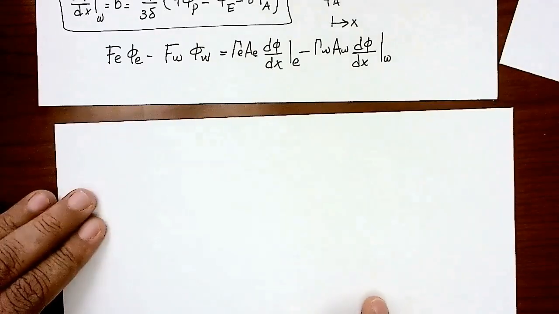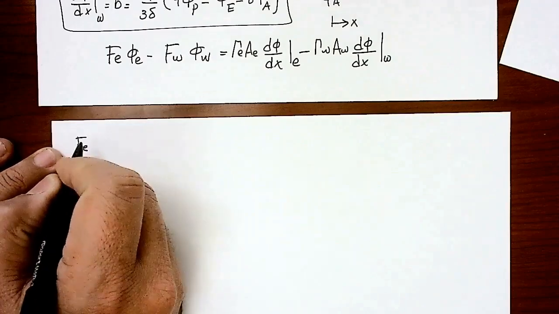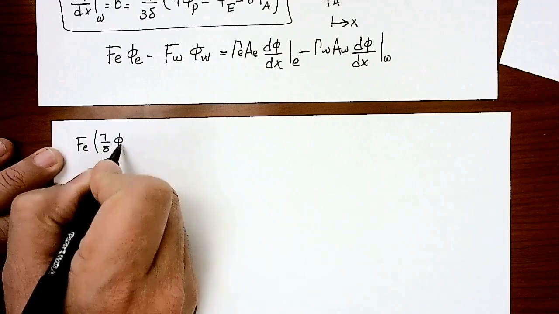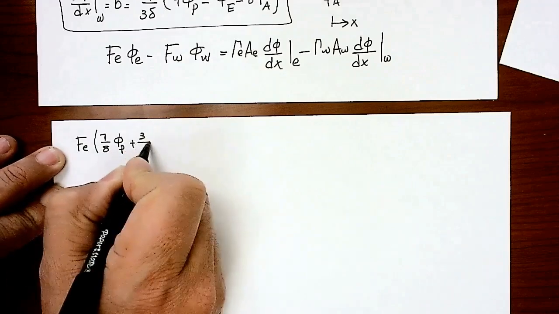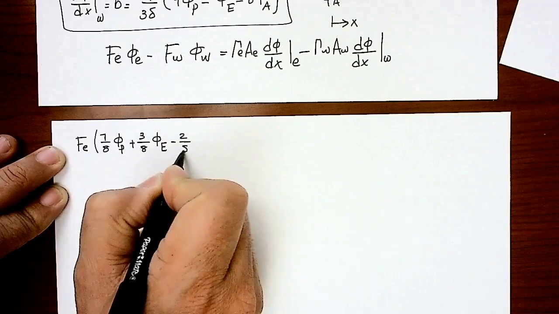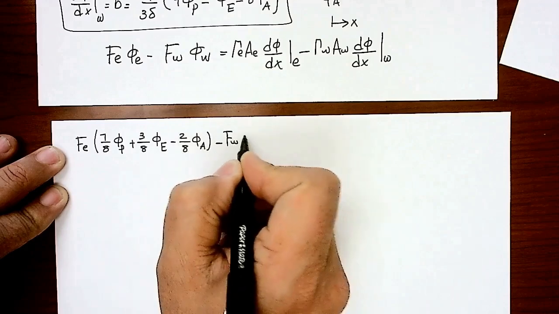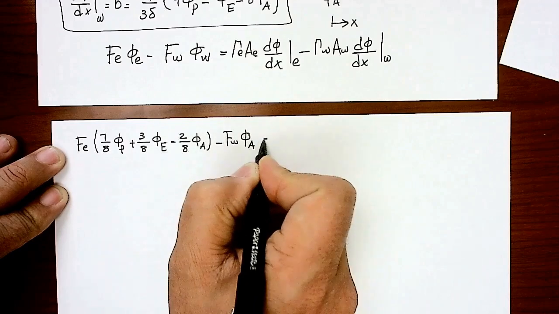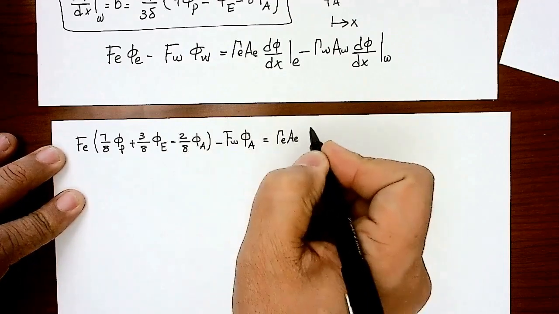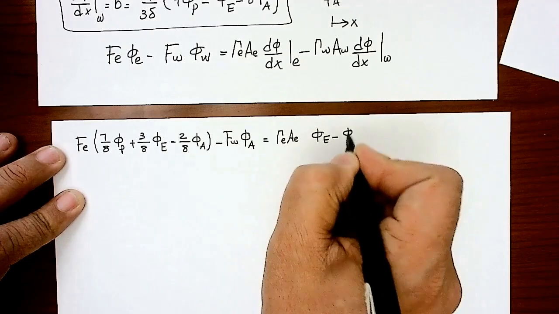So I will substitute F east multiplied by phi east, which is 7 over 8 phi p plus 3 over 8 phi east minus 2 over 8 phi a, minus F west phi west, which is simply phi a, equal to kappa east, A east, d phi by dx on the east, which is going to be phi east minus phi p.